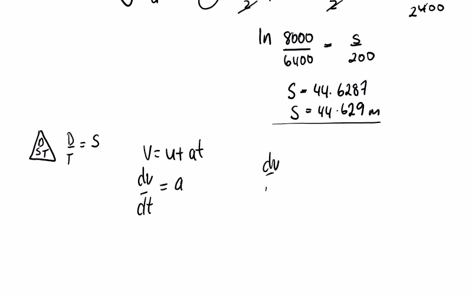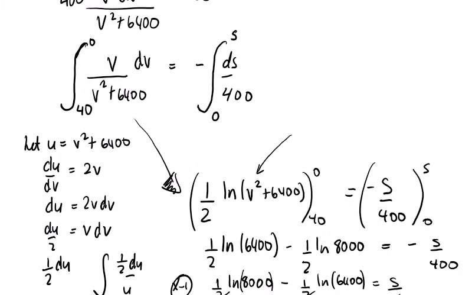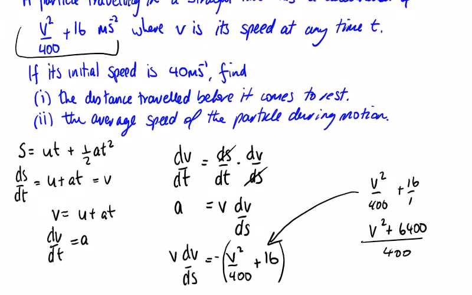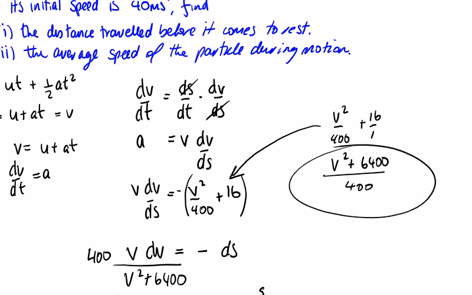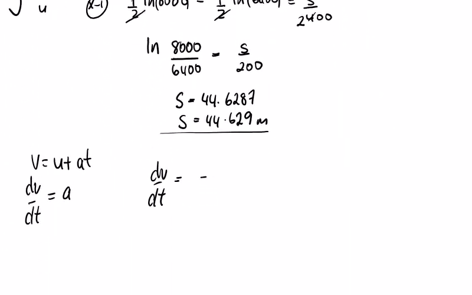So dv/dt is equal to my acceleration, which was minus, let's just double check what it was, all the way back up, v squared over 400, which we simplified into this guy here. So this is my acceleration, and it's a minus v squared plus 6,400 over 400. So we need to get t on its own.